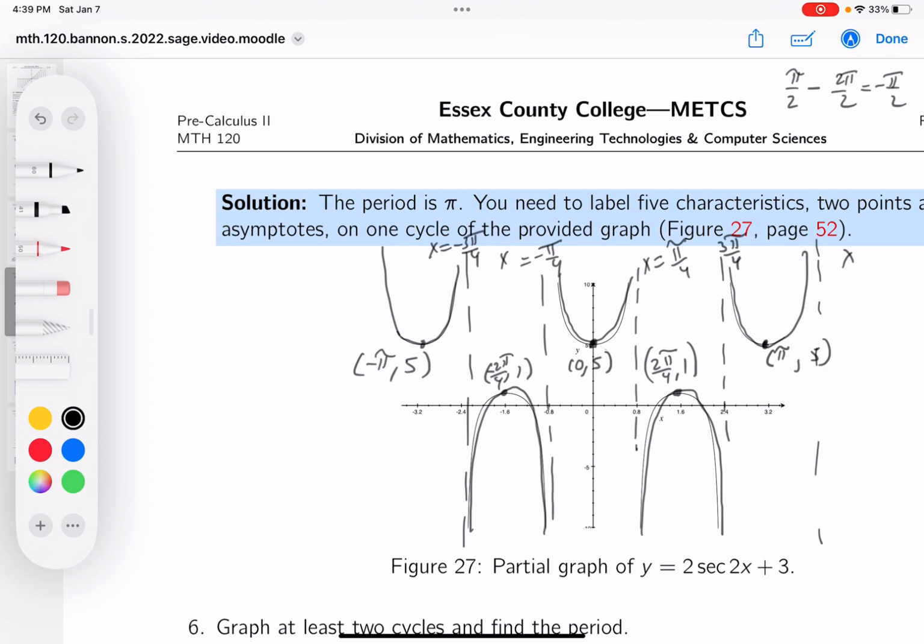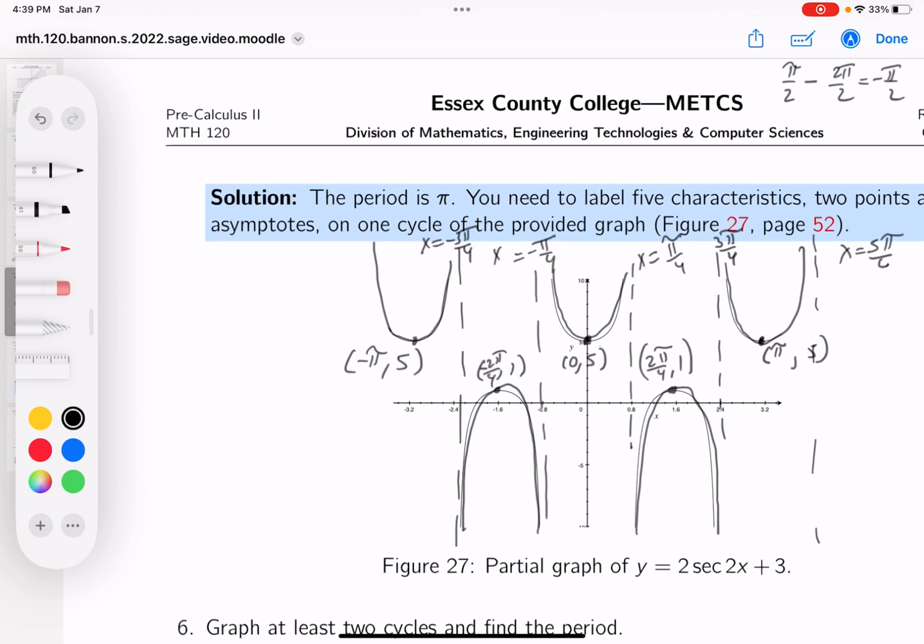So pi over 4, 3 pi over 4, 4 pi over 4, 5 pi over 4. Let's make sure we're counting right. Pi over 4, that's 1, 2, 3, 4, yeah, 5. And what's this one over here? It's going to be x equals minus 5 pi over 4. This one here. Sorry about that. We're done. Thank you.